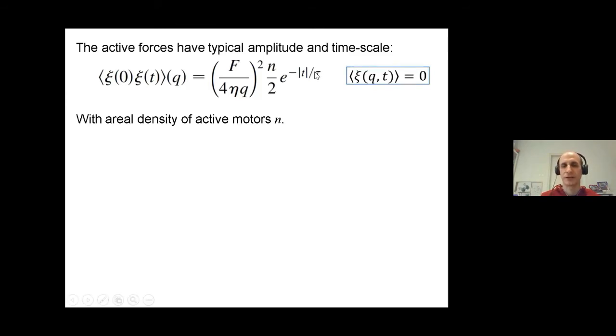So they are not a delta function in time. They are not a white noise. They are colored noise. And n is just the areal density of these motors on the membrane.